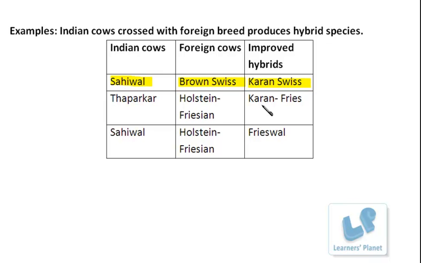Another example is Karan Fries, which is a hybrid produced from the Tharparkar and the Holstein Friesian cows. Similarly, Sahiwal and Holstein Friesian crossbred, and the hybrid obtained is known as Frieswal. So these are some examples of improved hybrid cows which have a good lactation period as well as resistance power.